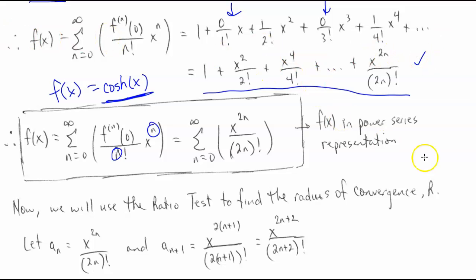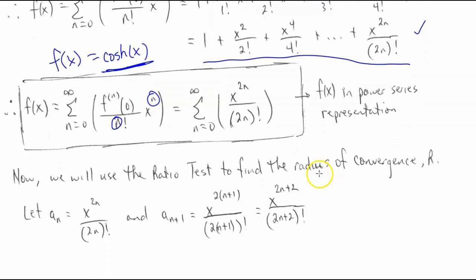So to apply the ratio test, just to remind you, we're doing the limit as n approaches infinity of a sub n plus 1 over a sub n. And of course, we're looking for a certain outcome, and we would like it to be less than 1. If so, then we know that our power series is going to converge for whatever that particular inequality ends up being.